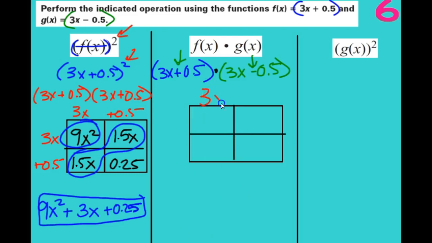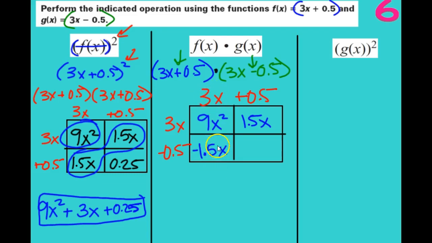So I have 3x plus 0.5, and I also have 3x minus 0.5. So 3 times 3 is 9. X times x gives me x squared. 3 times 0.5, we said earlier, was 1.5, 1.5x. 3 times negative 0.5, same thing, that's just a negative 1.5x.